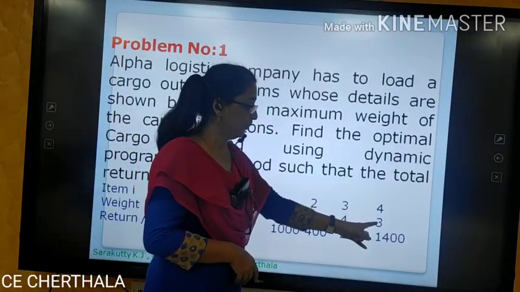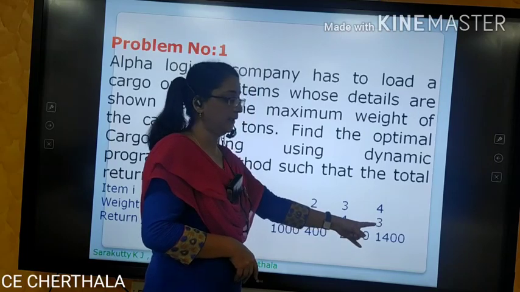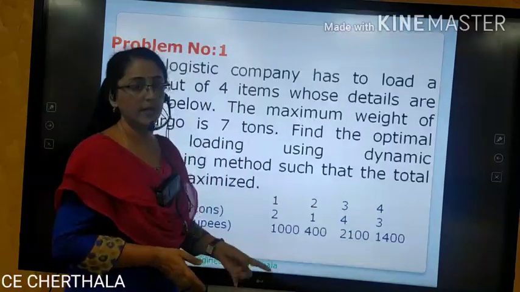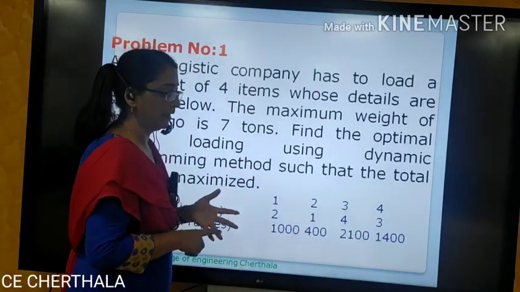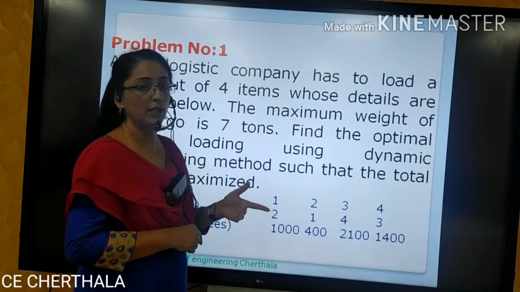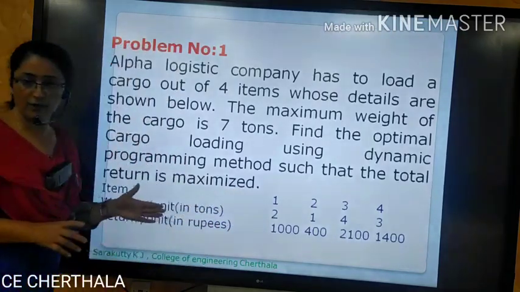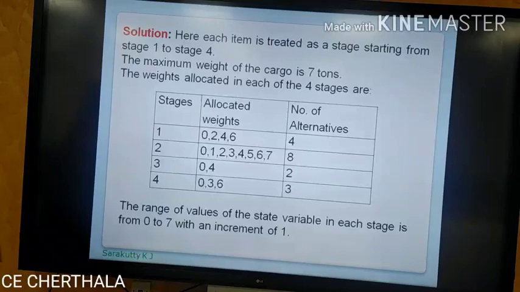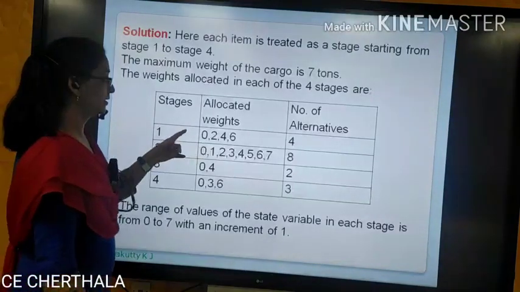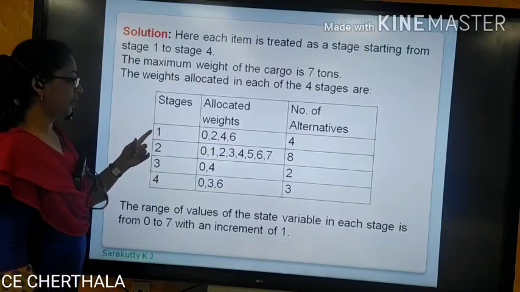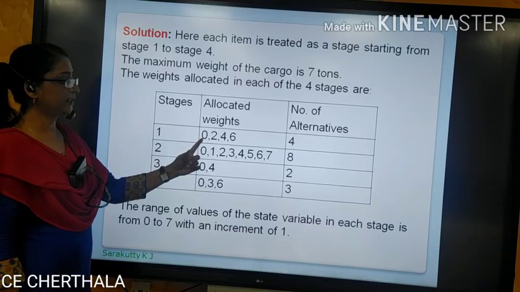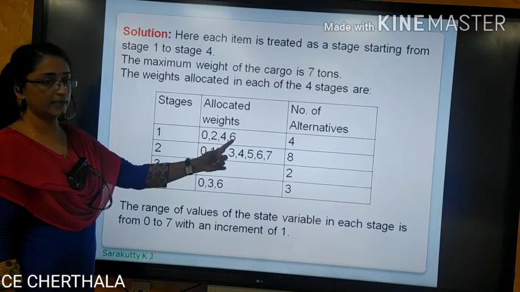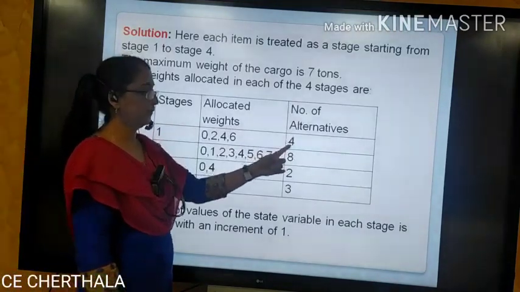Now item number 4 has weight 3. Therefore, the different possible options are either 0 ton or 3 ton or 6 ton. So 3 options are there. So the different alternatives are like this. For item number 1, the alternatives are 0 ton, 2 ton, 4 ton, 6 ton, so the number of alternatives is 4.